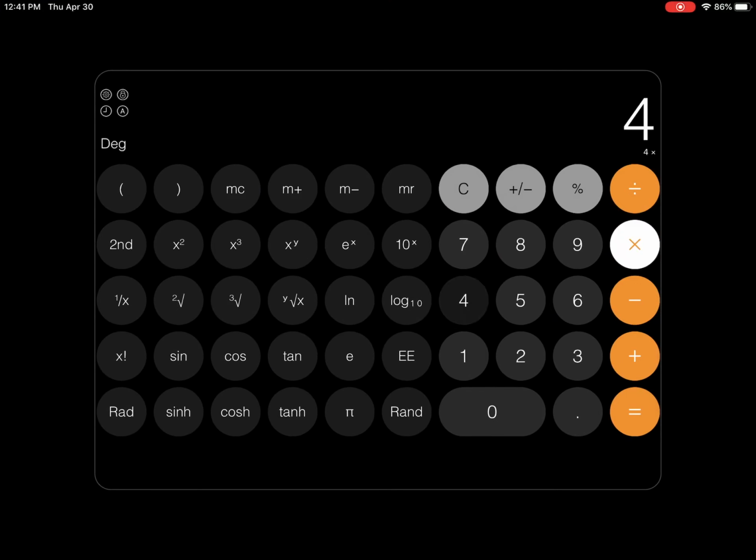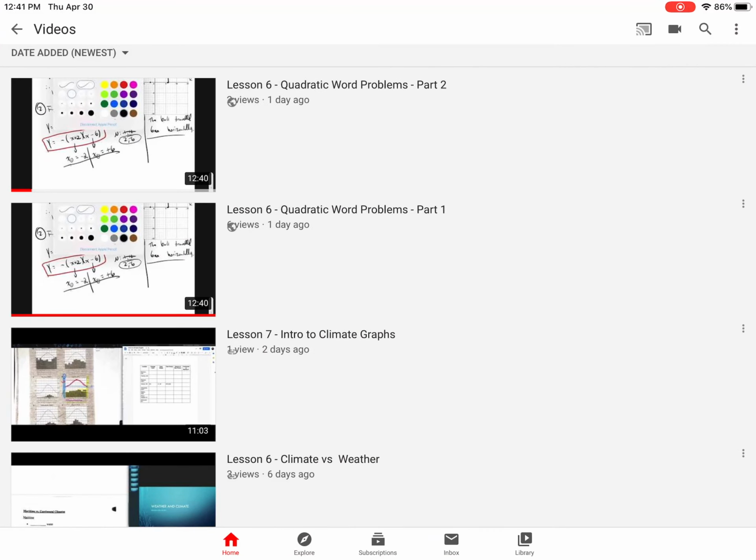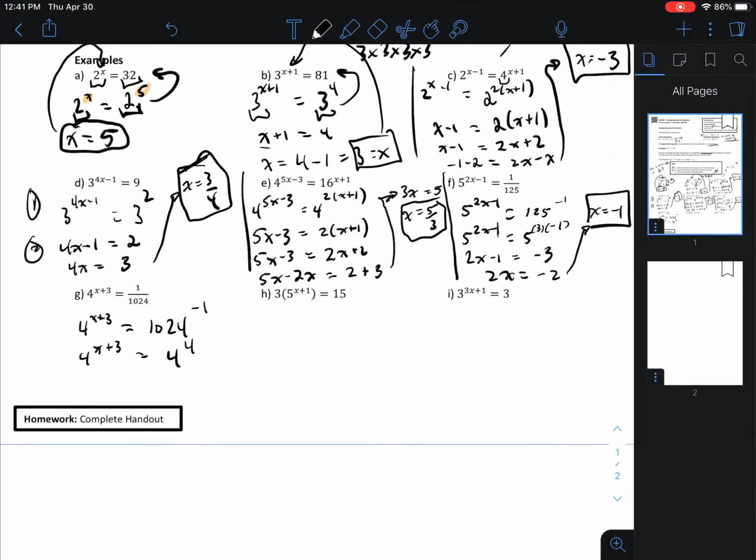We can check that. Okay, so let's check. Let's go to the calculator. What is it? It's 5. So you've got to go 4 to the power of 5. And remember, it's multiplied to the -1, right?